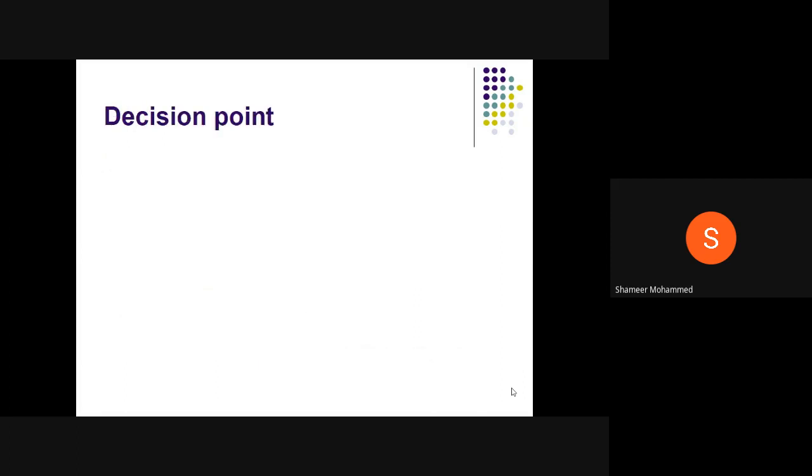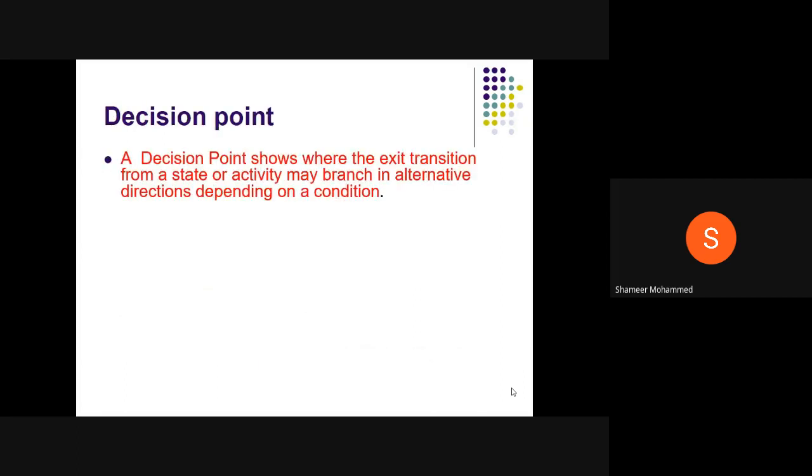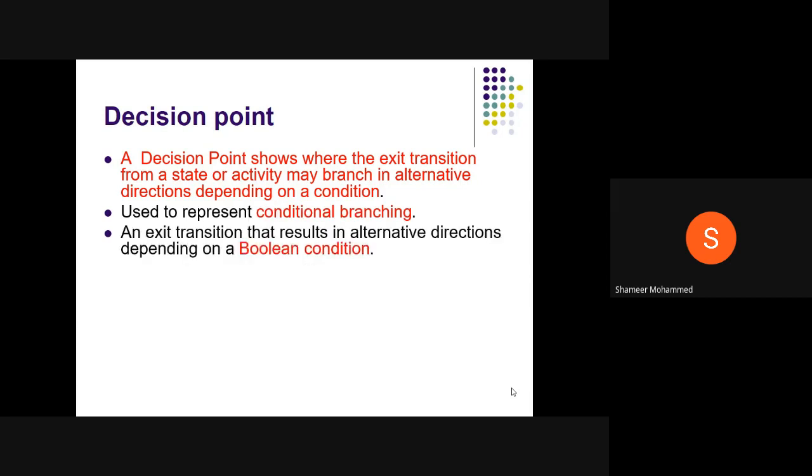Now, decision point: conditions to exit the transaction. If no, it means exit; if yes, it means continue, based on the condition, conditional branching. When will you exit? If the boolean value is false, the activity variable becomes false, then you will exit from that transaction or from that activity.